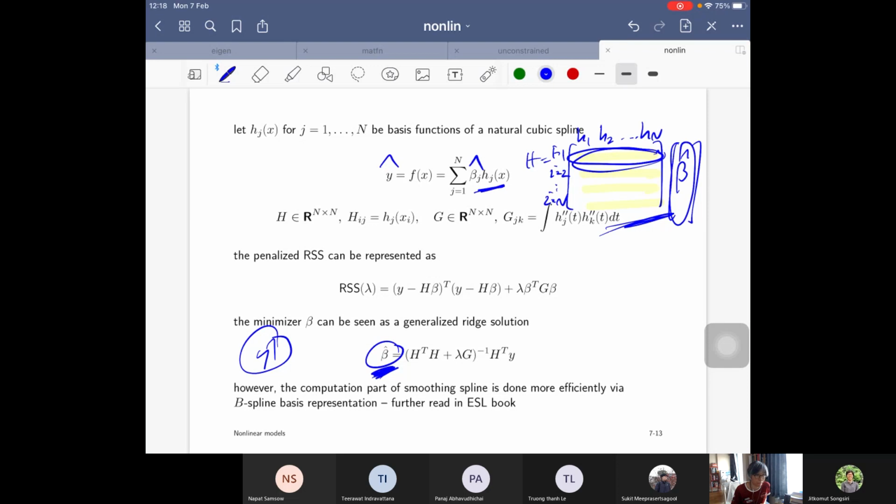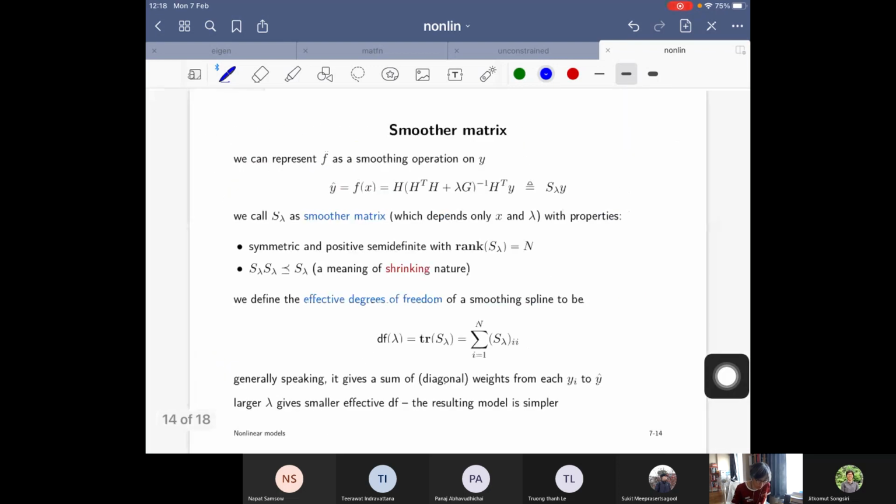So to get f hat, this is beta hat, so we multiply beta hat with h. And everything here before the vector y, we call it S lambda. It's associated with lambda because lambda is there.